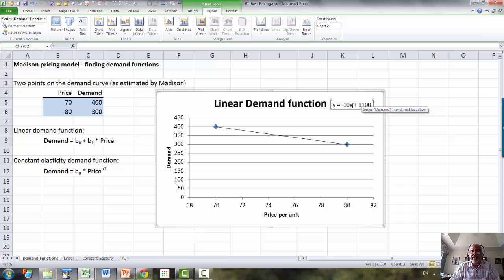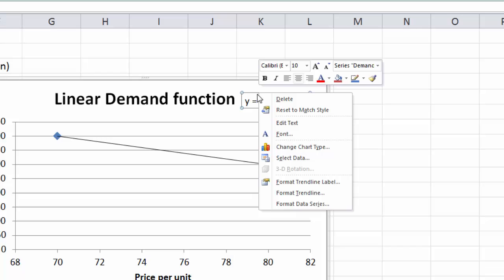We want to make sure that we have sufficient decimal places, because we don't know whether it is 10 or 10.56 or 10.57634 or whatever. So to increase the decimal places, select the box, right click, and go to Format Trend Line Label.